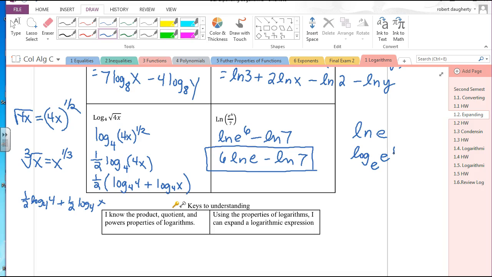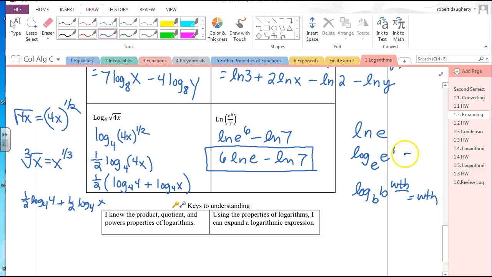What is the log base e of e to the 1? Yesterday I said the log base b of b to whatever is just whatever that is. So the log base b of b to anything is the anything.